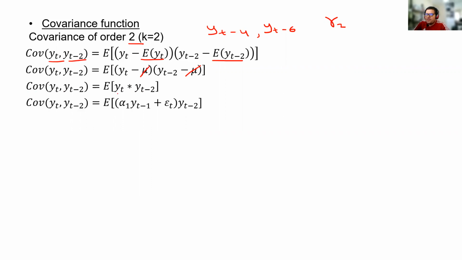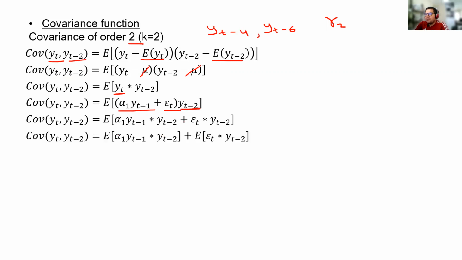The next step is expanding yt. We know that yt is equal to alpha 1 yt minus 1 plus et, all of that times yt minus 2. So we multiply, so expected value of this times this plus this times this, right? And then we distribute the expected value operation.